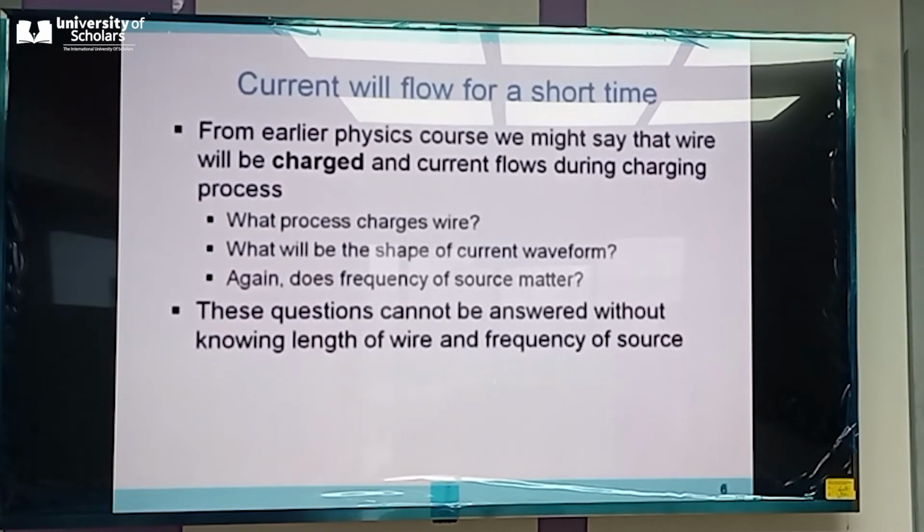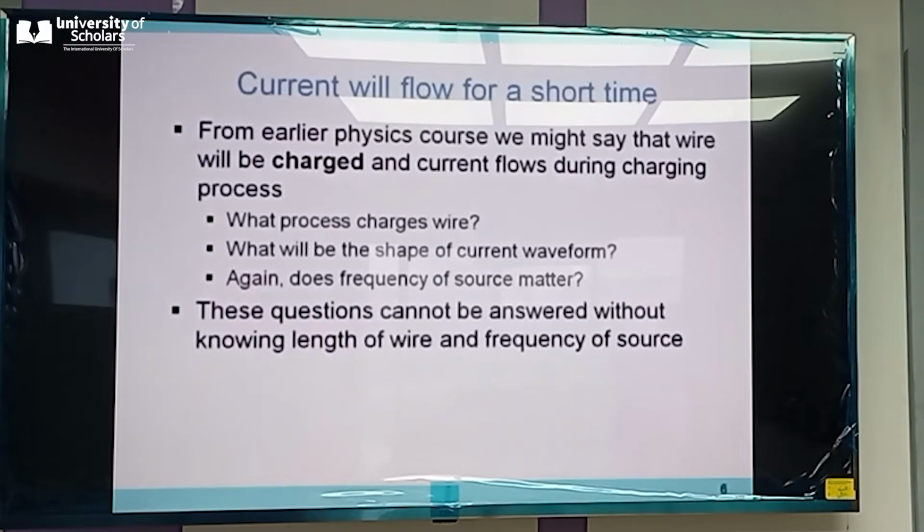These are questions that cannot be answered from the circuit point of view, because circuit theory does not consider these issues. So we need to know something beyond circuit theory to answer these questions about the charging process, the shape of the current waveform, and for how long that charging current would flow.